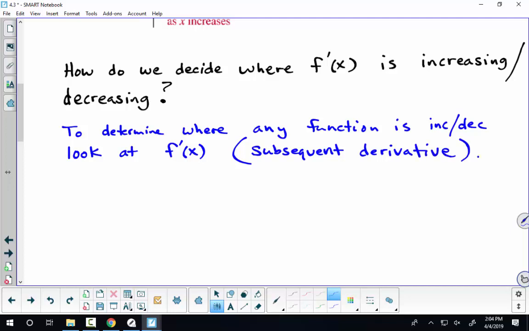Again, if I wanted to know where the 10th derivative was increasing and decreasing, then I would look at its 11th derivative.